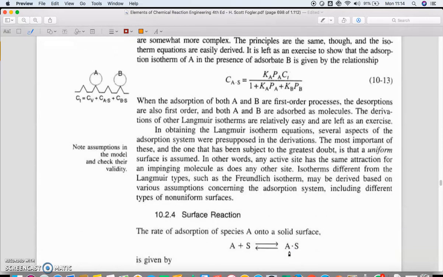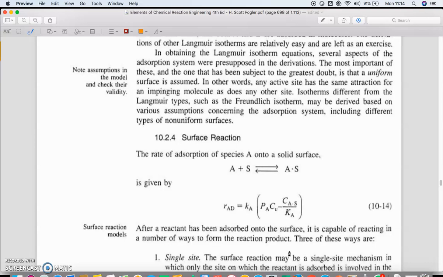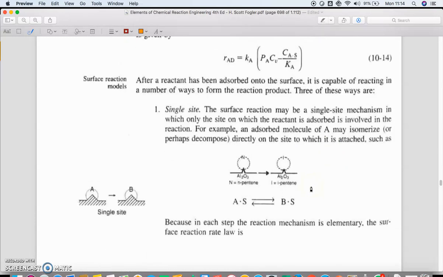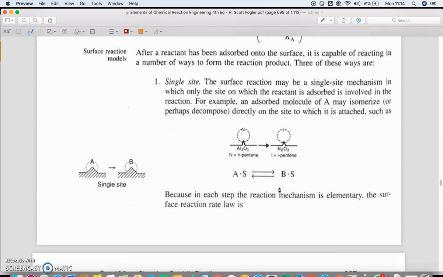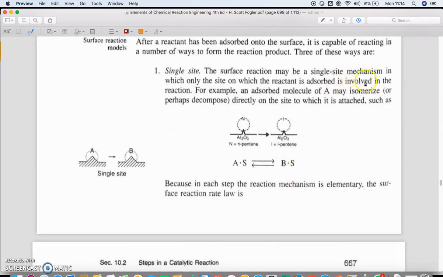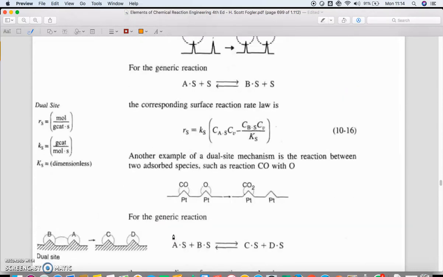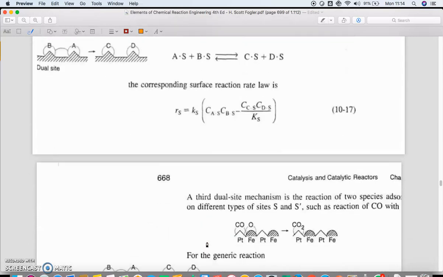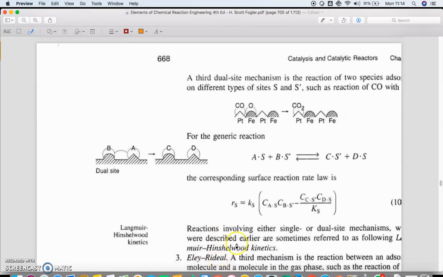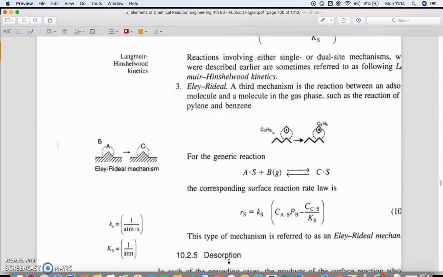So let's have a look at the surface reaction part. This is the part where your reactant will be converted into B. If you remember in the previous slide, for surface reaction you will have either a single site mechanism or dual site, or sometimes you may also see others like Eley-Rideal.